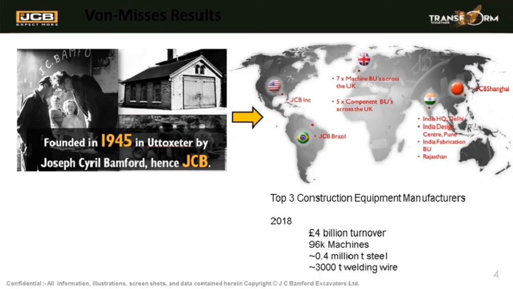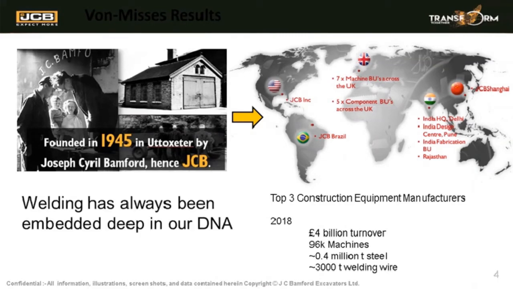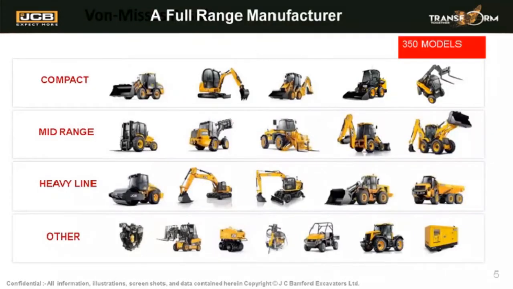I'll let someone smarter than me do the maths and figure out the length of the wire that equates to and how many times that would go around the earth. We are generally welding up thick gauge material with plate thicknesses typically in the 6 to 12 millimeter range, and the welding is a combination of manual and robot metal arc. So hopefully you can see that right from day one, welding has always been embedded deep in our DNA.